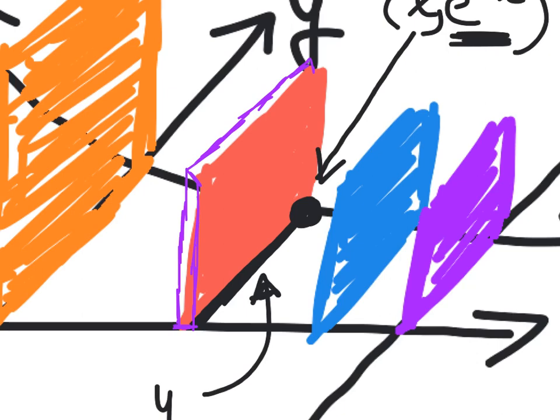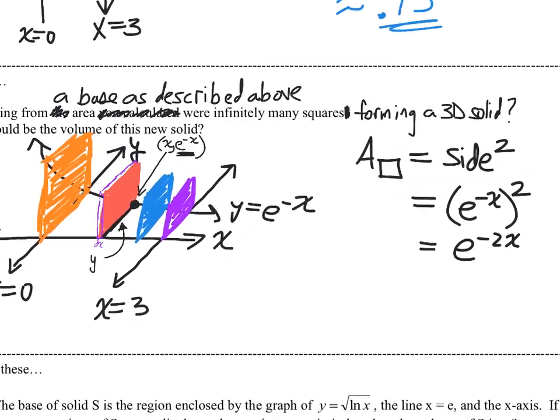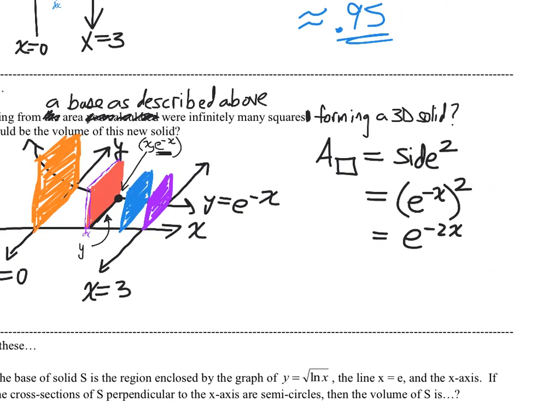That cross section, which is perpendicular to the x-axis, is going to have a thickness along that x-axis, an infinitesimal distance along the x-axis, dx. So that reinforces something that you probably already suspected, that we're going to integrate with respect to x.